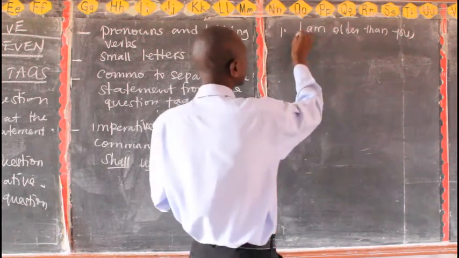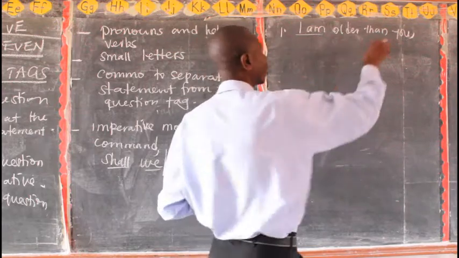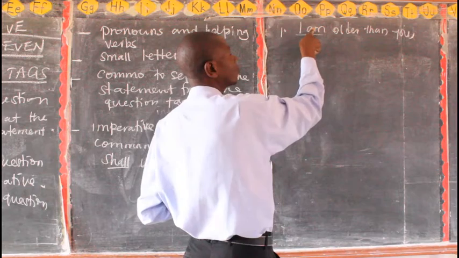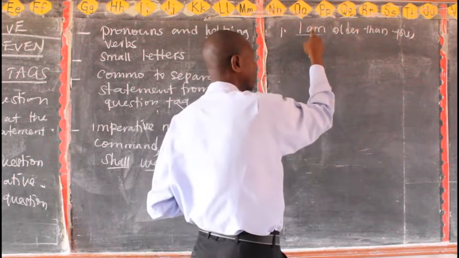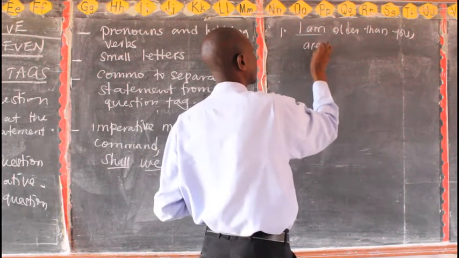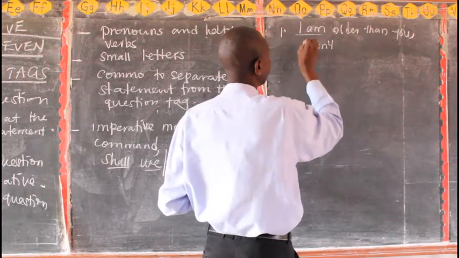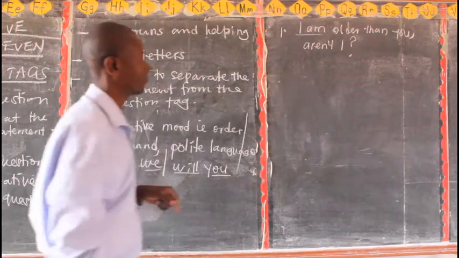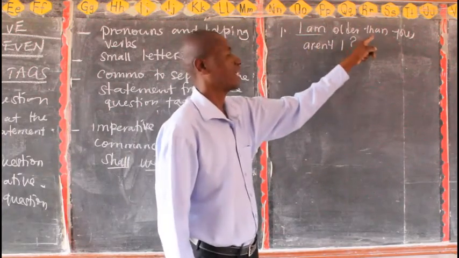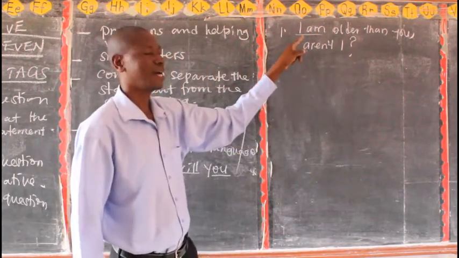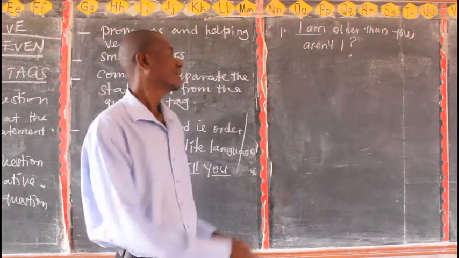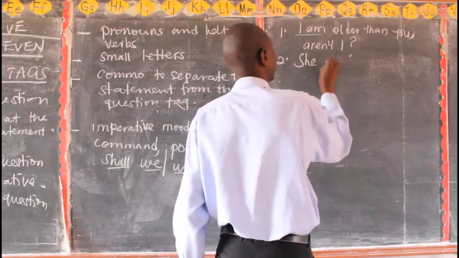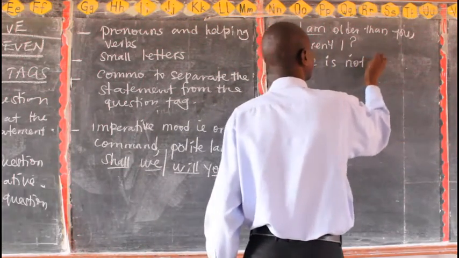Because this statement is positive, the helping verb is going to change from positive to negative. So it becomes "aren't I?" Then, "She is not coming."